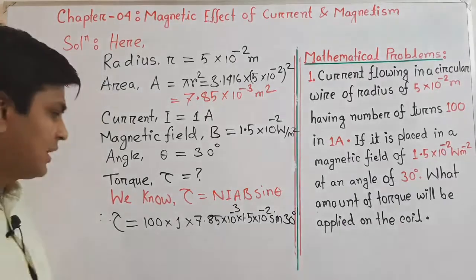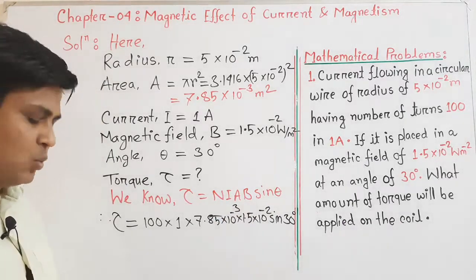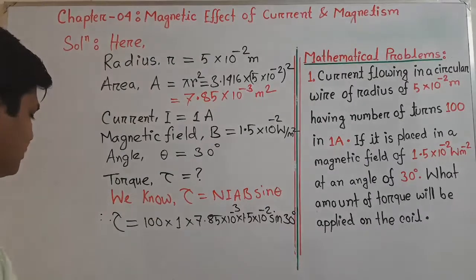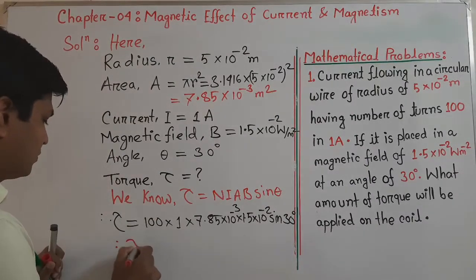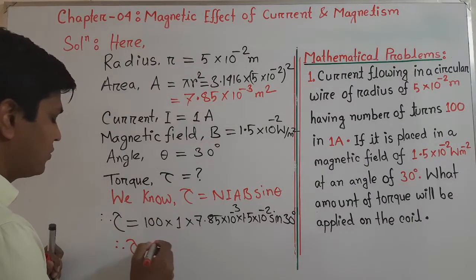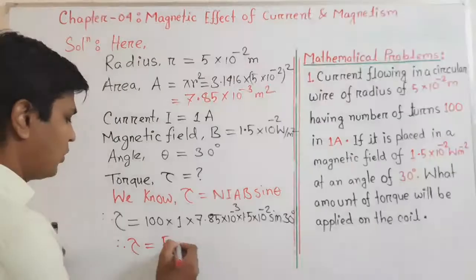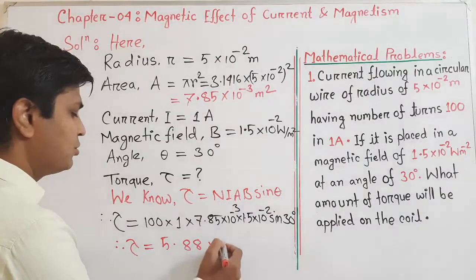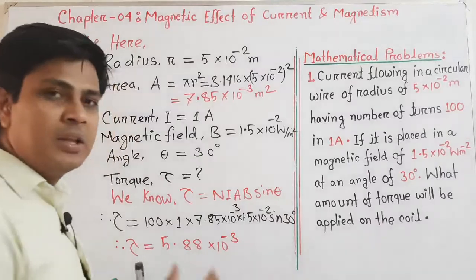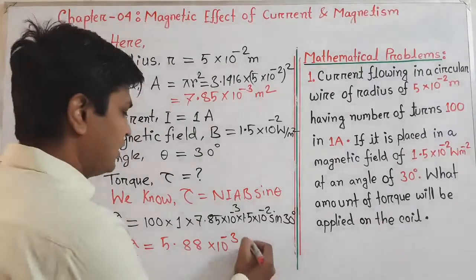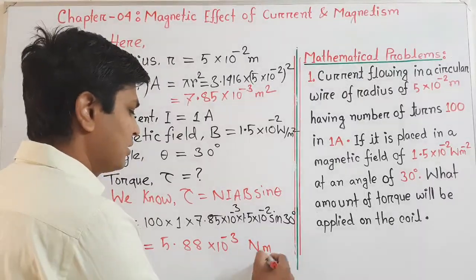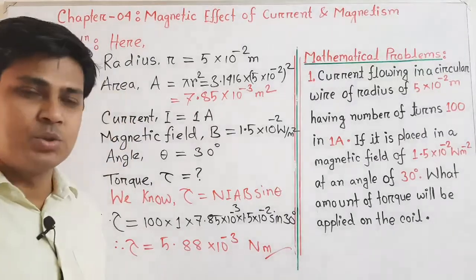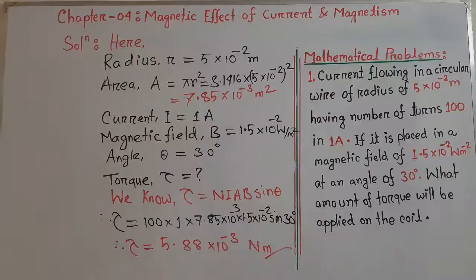After calculation we will get tau equals 5.88 into 10 to the power minus 3, and the unit of tau is Newton meter. This is the answer of question number 1.